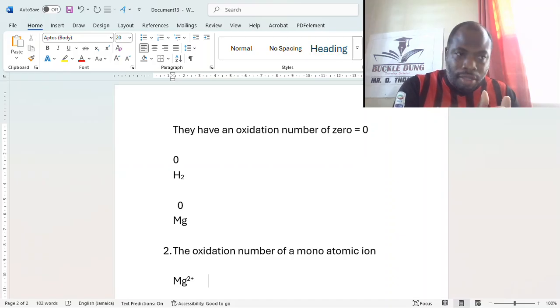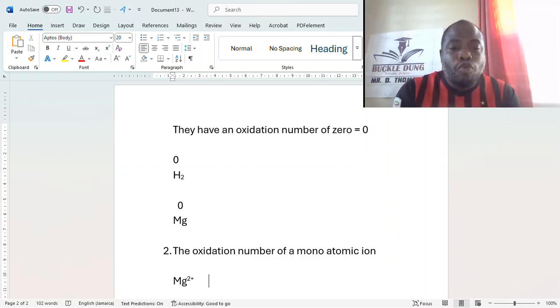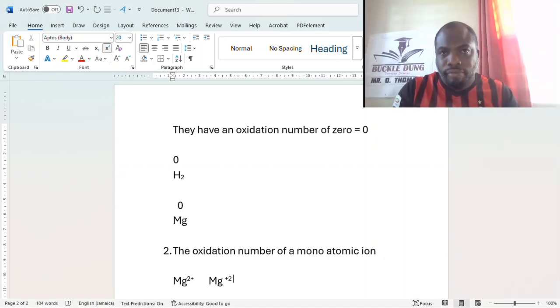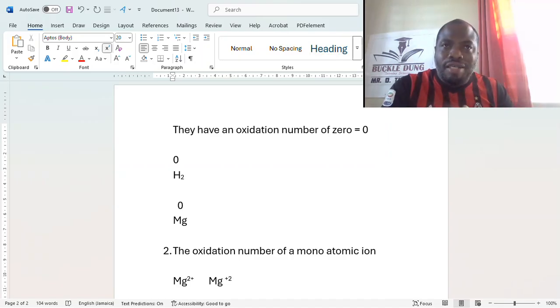So the magnesium ion is 2 plus, but the oxidation number of the magnesium ion is plus 2. And you would see the connection, because this magnesium ion now has 2 more protons than electrons, so it is in a plus 2 state.